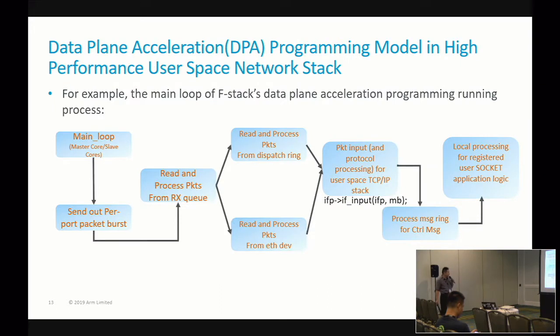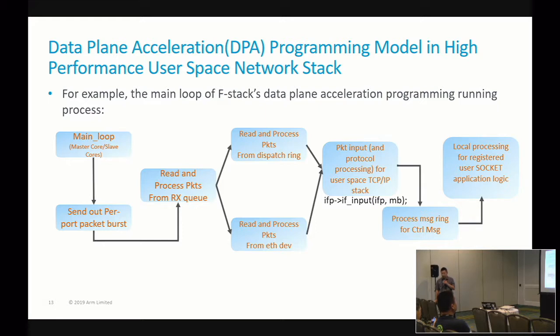For the high-performance user space network stack, this page gives the F-Stack. F-Stack is a user space TCP/IP stack based on FreeBSD, provided by Tencent, and it's widely used. I see from GitHub that it has more than 2,000 stars.